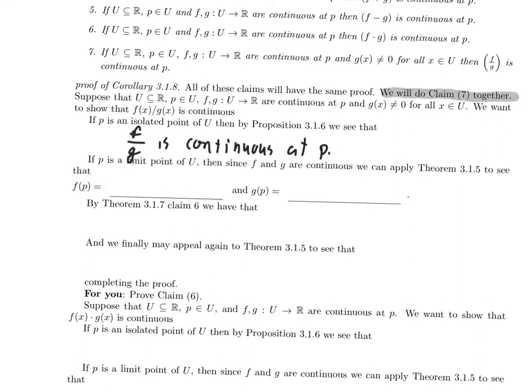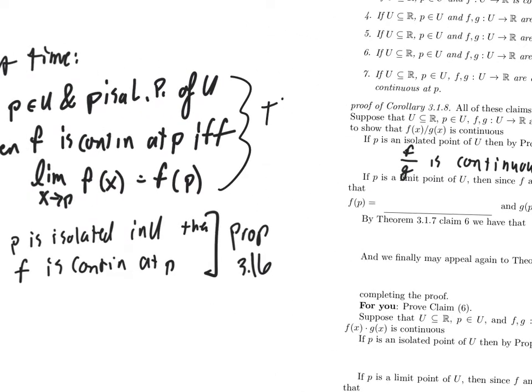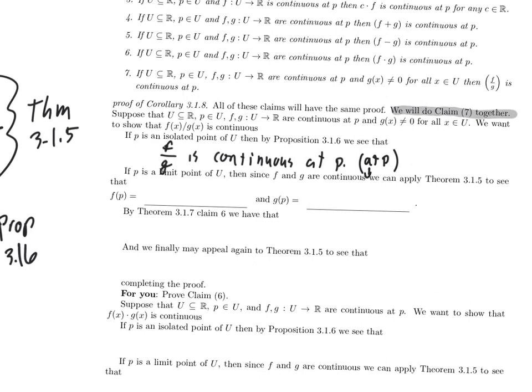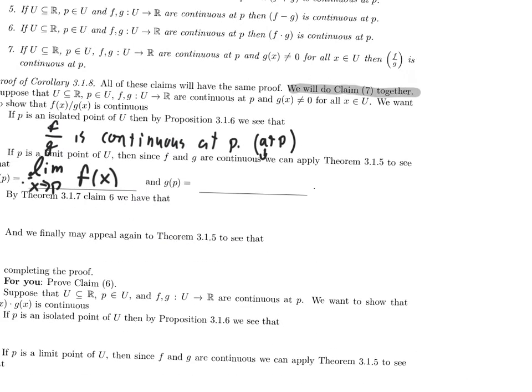Since P is a limit point of U, and since F and G are continuous at P, I can apply theorem 3.1.5 to see that f of P is equal to the limit as x approaches P of f of x, and G of P is equal to the limit as x approaches P of G of x.